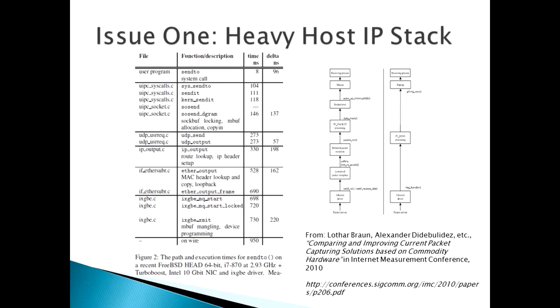Let me go through the challenges we mentioned before one by one. The first one is the heavy host IP stack. This is a paper I read before about PFRING. I think people might have heard about PFRING in this community. On the left side, the author gave a quote of how many CPU cycles are spent on the typical Linux stack.